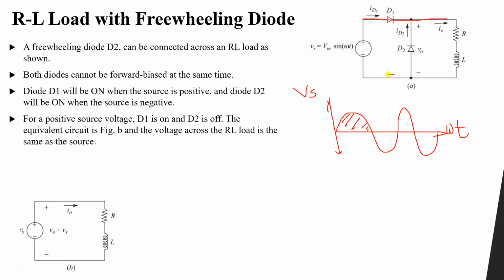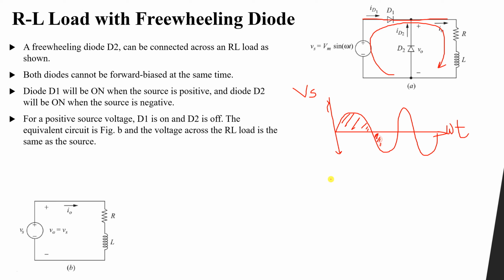So the current will move from the supply through this load, like this, and this D2 will be turned off. It will not be operating. All of the current will go from the supply to the RL load and charge the inductance. So the circuit will be like this: short circuit, and this one will be open circuit, and L will be charged, right?